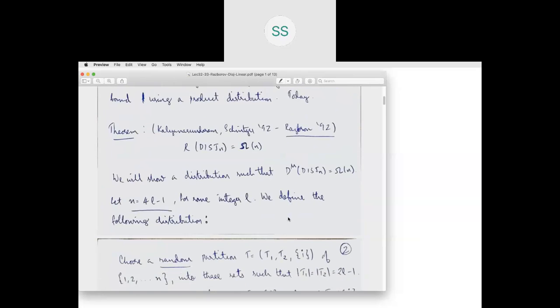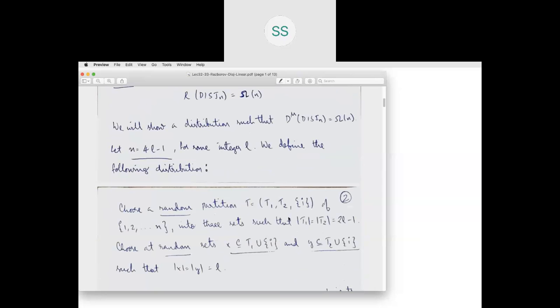The distribution is that both Alice and Bob get sets of size L, where n is 4L minus 1, such that either the sets are disjoint or they are barely intersecting. That makes it hard for Alice and Bob to distinguish whether it's disjoint or not. So either they're disjoint or they intersect in exactly one element.